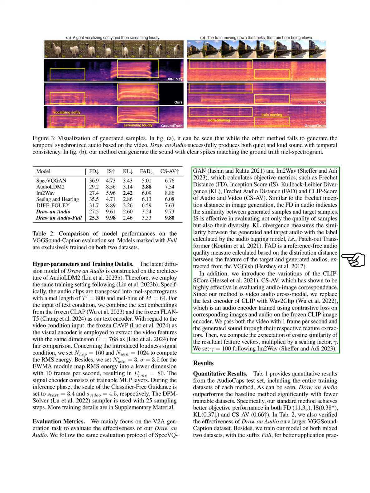The Frechet distance measures the similarity between generated and target audio samples, while the inception score assesses both quality and diversity. Kullback-Leibler divergence evaluates the similarity between generated and target audio labels. Frechet audio distance is a reference-free measure based on the distribution distance of audio features.